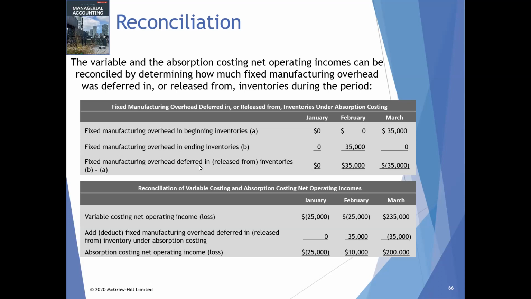So fixed manufacturing overhead deferred. The same thing we are going to calculate here, and that will be the absorption costing net operating income or loss that we have here. So go back and we can see: add or deduct the fixed manufacturing overhead deferred in the inventory under absorption costing. So the absorption costing net operating income will be here in brackets as a negative figure.